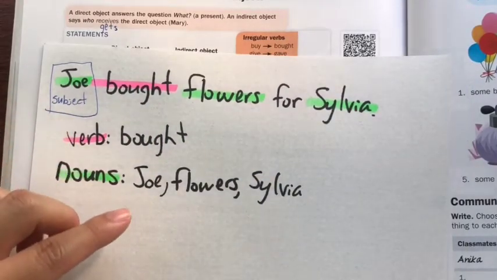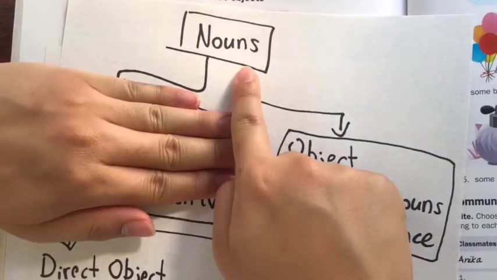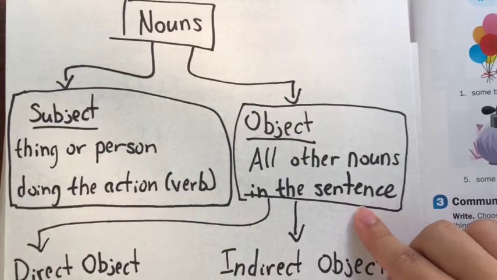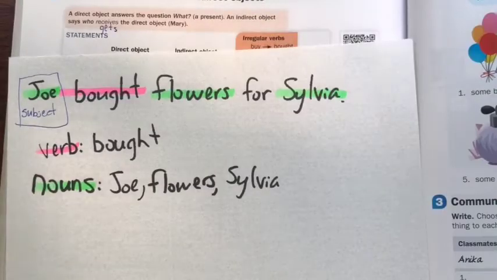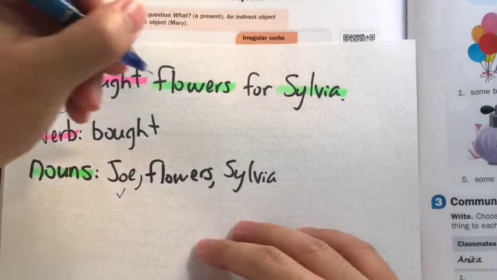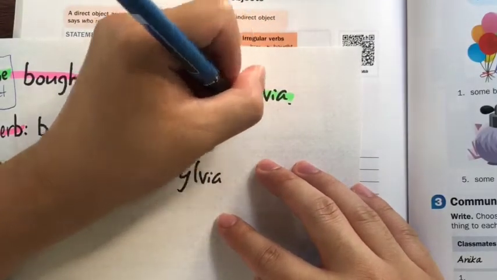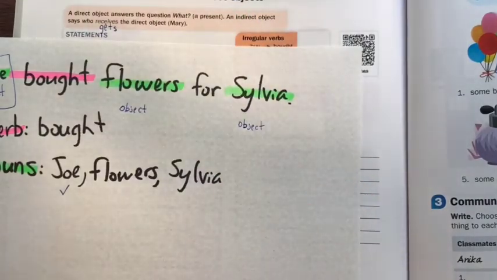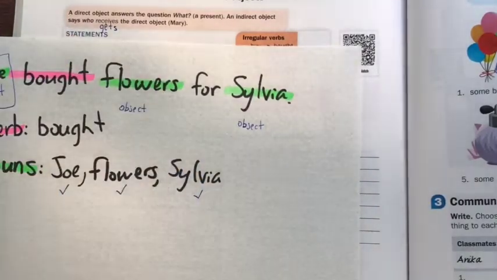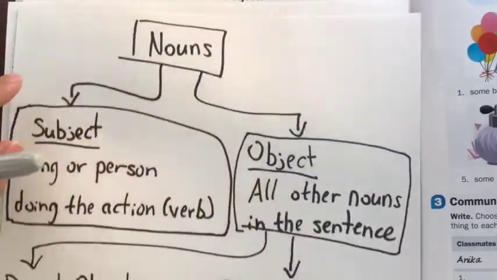Okay? So, we finished the subject. Let's go back to nouns. We have object. The object is all of the other nouns in the sentence. So, we already did Joe. So we have flowers and Sylvia left. So that means flowers becomes the object and Sylvia becomes the object. So we have two objects, flowers and Sylvia.